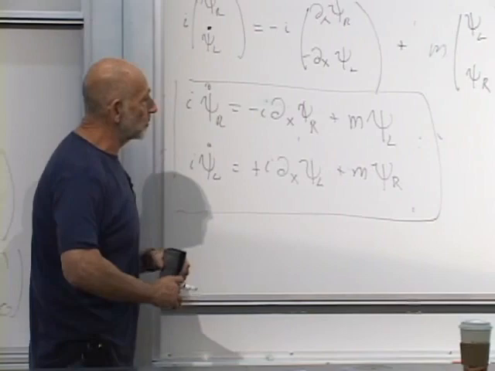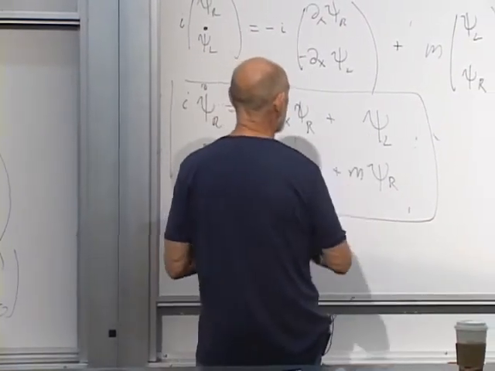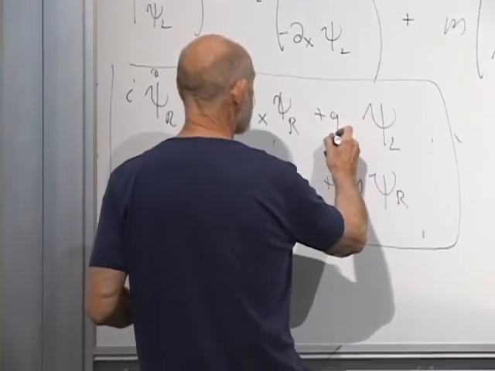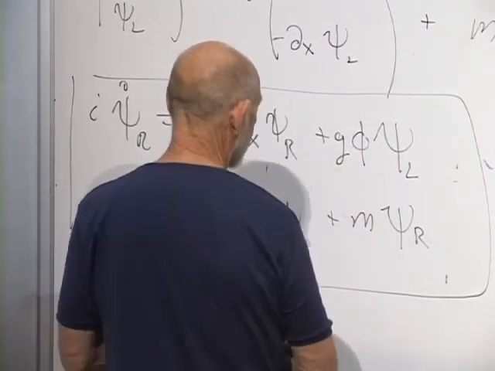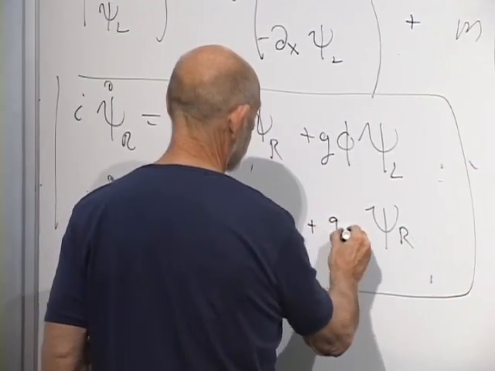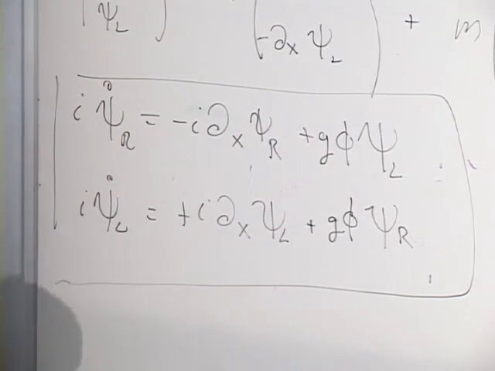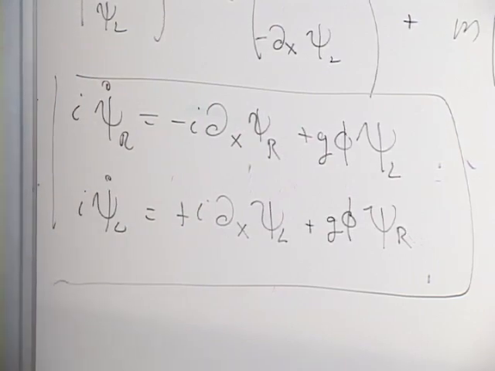The Dirac equation becomes a nonlinear equation, with a coupling constant and a phi. No mass. The Dirac electron has no mass.